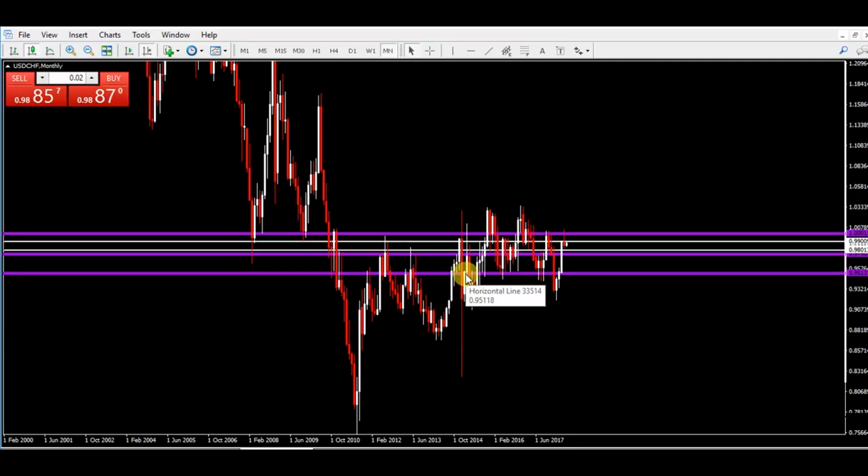Sniper entries and exits are a major part of trading, because a lot of times the worst part about trading is, and I'm sure you've experienced it yourself, entering a trade, going deep into profit, right?